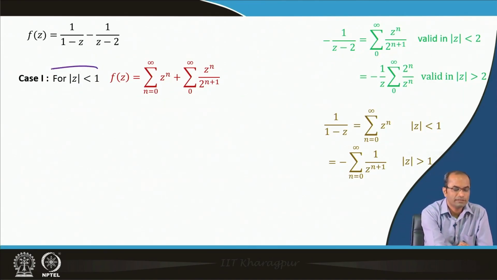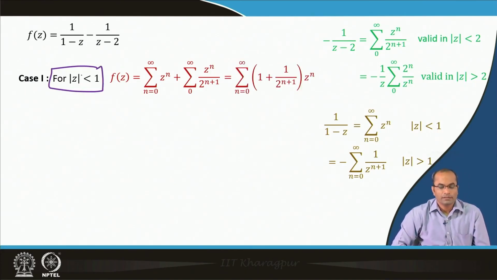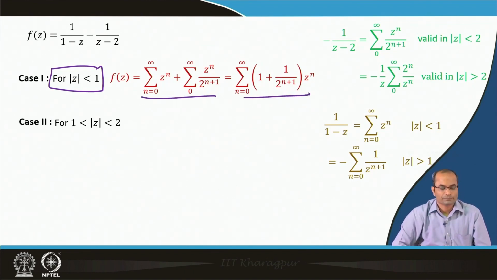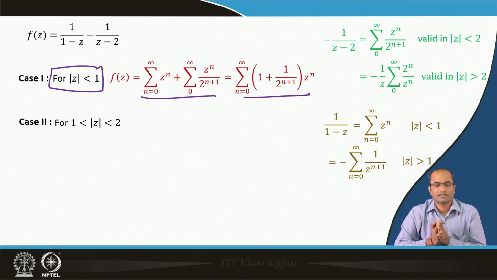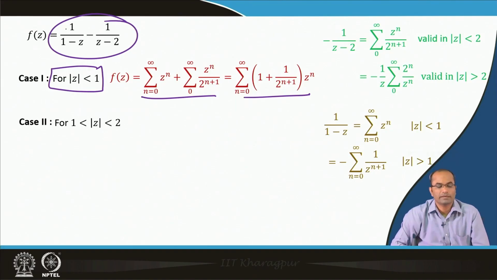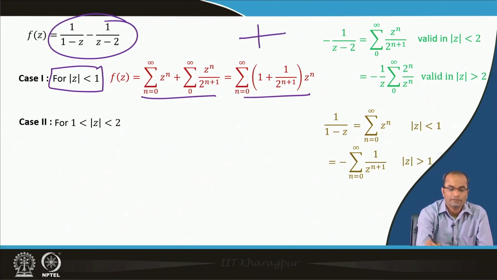So, now we have one expansion which is valid for mod z less than 1. With this we can combine just to have this form. The second region we will consider. So, first we note that in mod z less than 1, the given function, 1 over 1 minus z and minus z minus 2, is analytic in this domain with center 0 and radius 1.